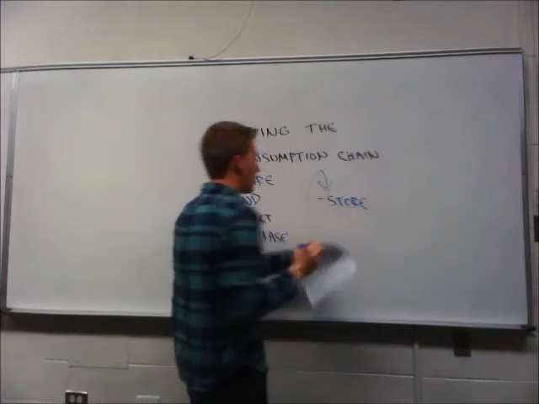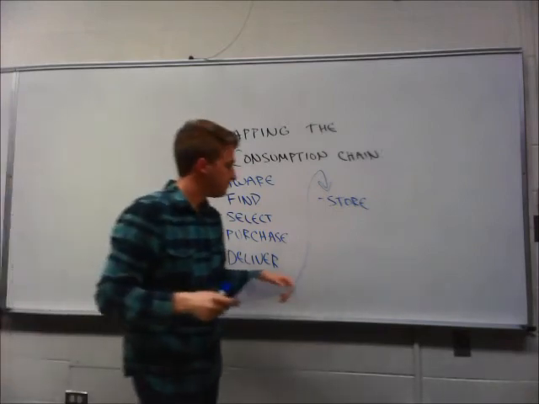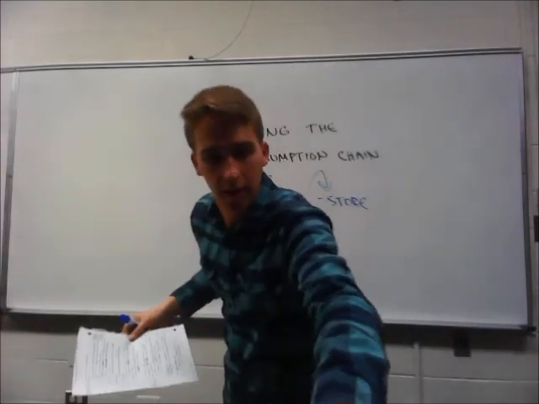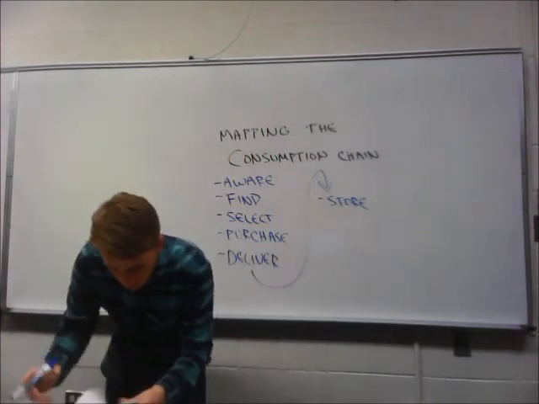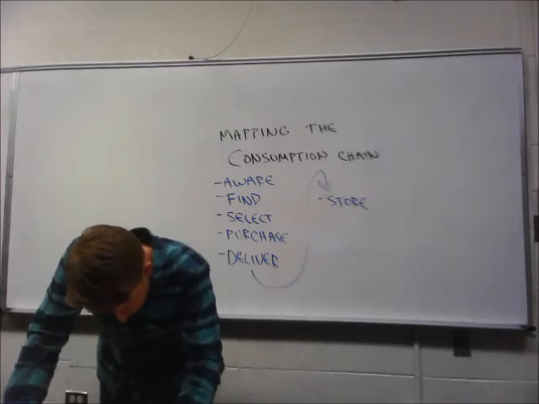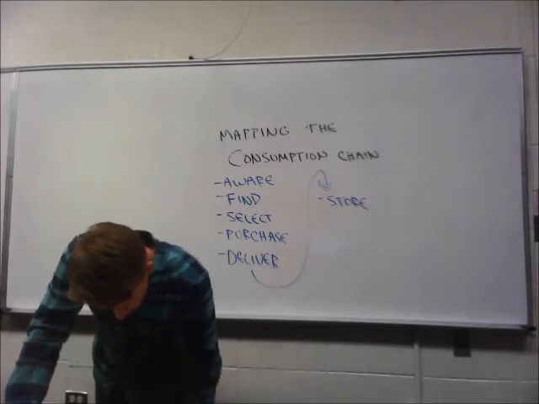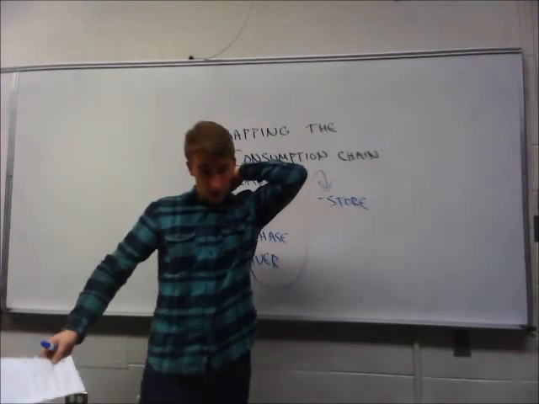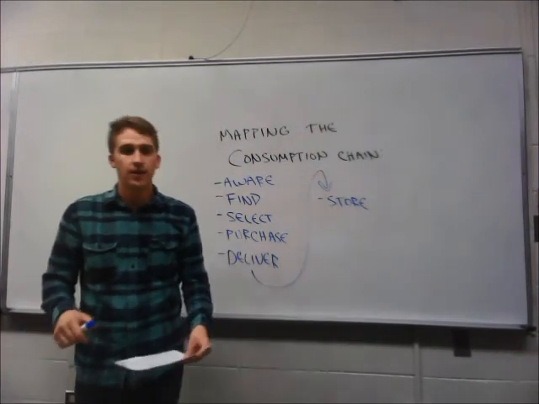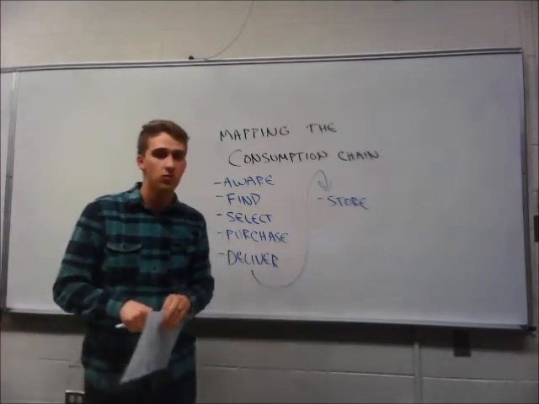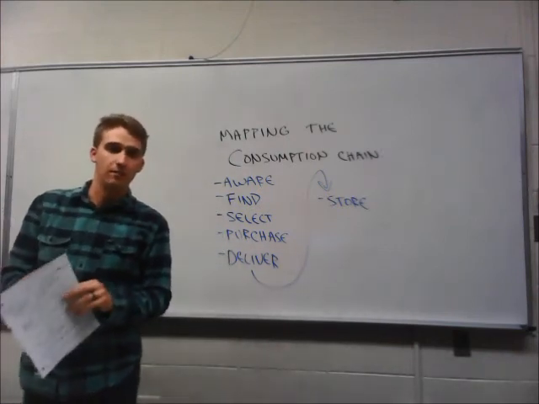How do customers store your product? I can't really think of a good example for this one. Let me see what the book says. Oh, okay. So it talks about people were buying workout machines, and then they just have a big, huge weight machine sitting in their basement.